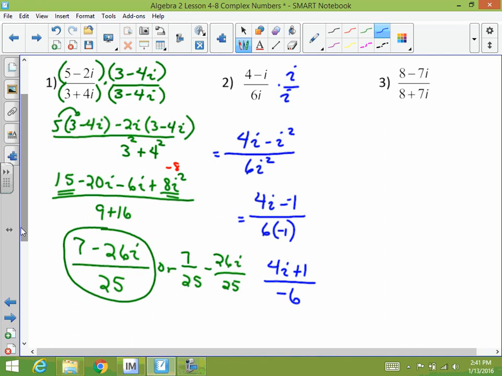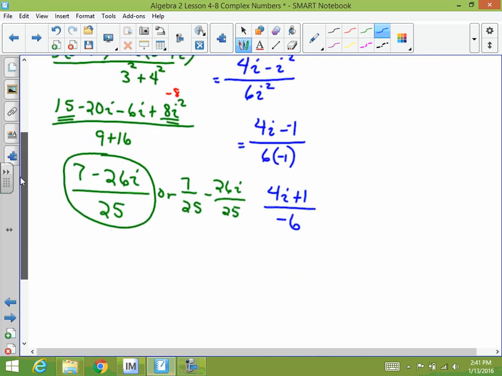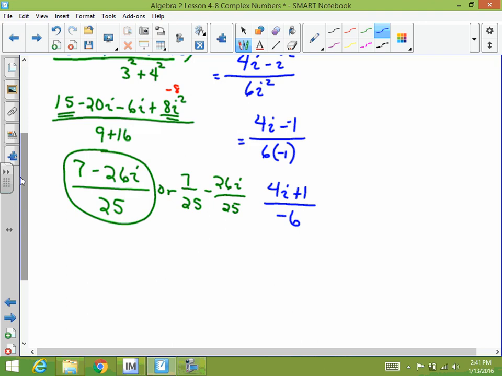Okay? Or 1 plus 4i, because we probably should put it in the complex conjugate form, 1 plus 4i over negative 6. Or if you prefer, you can move that negative to the numerator, and you'd get negative 1/6 minus 4i over 6, or 4/6 i. And 4/6 would reduce to 2/3.